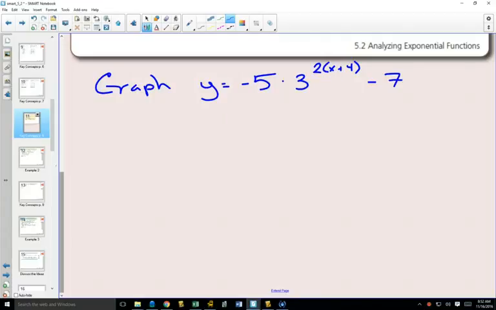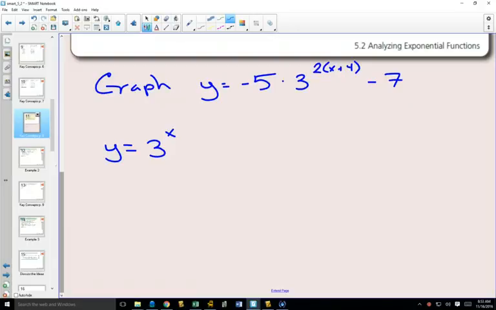So the first thing that you have to do, the same thing we did in transformations, was recognize what kind of graph this is. And seeing the x in the exponent is telling us that's an exponential graph. So once we know that, we have to figure out what the parent graph is. The parent graph is going to be y equals something to the power x. And in this case, the base would be, yes, 3.